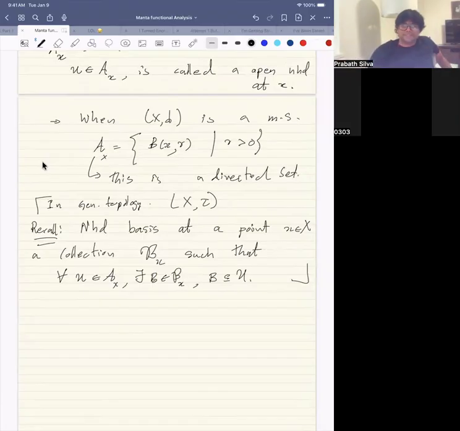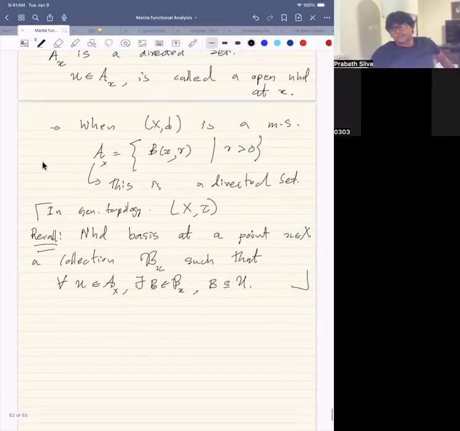We don't have to work with all the neighborhoods. It's enough to work with the elements from the neighborhood basis. An example would be balls with radius 1 over n. And then you can show that this B of x is also a directed set.